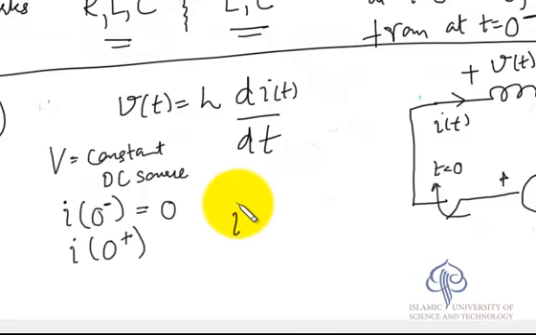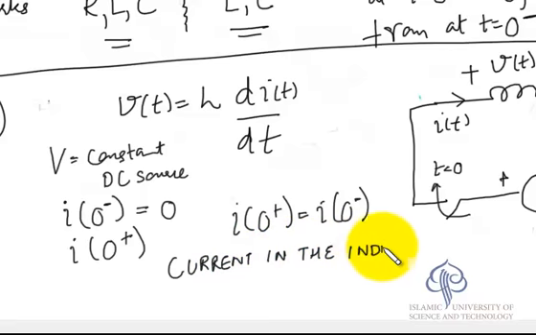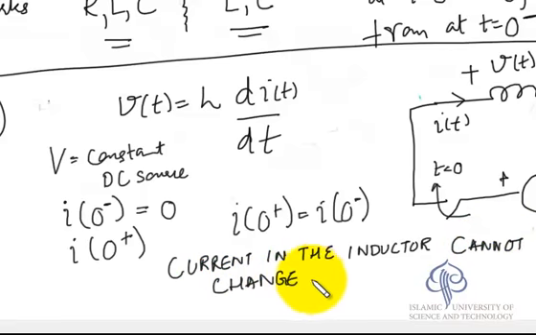We know that i(0 plus) in this case is going to be equal to i(0 minus), because the current in the inductor cannot change instantaneously. Why can it not change instantaneously?